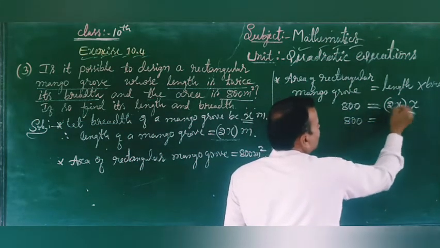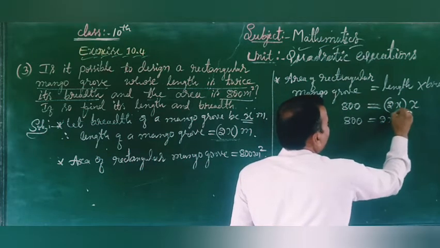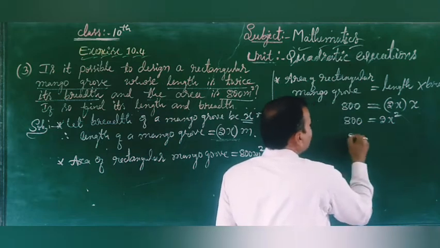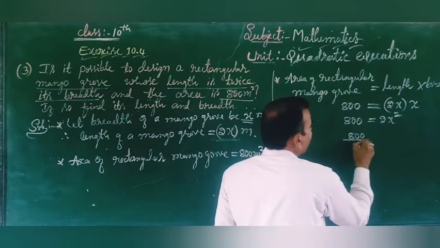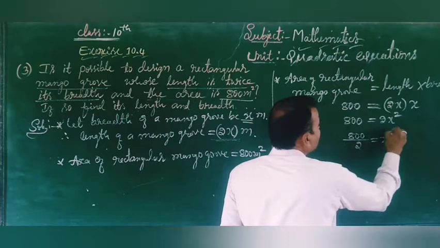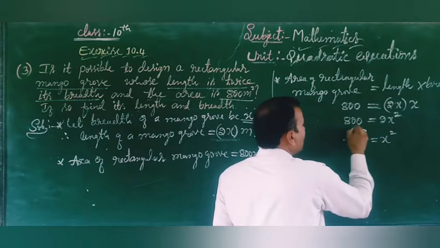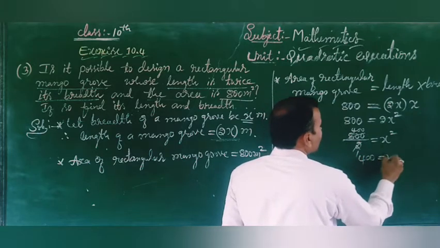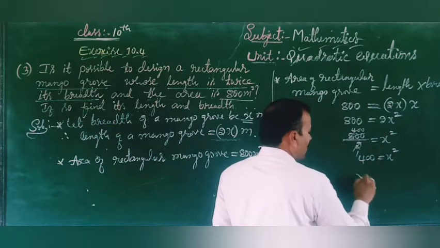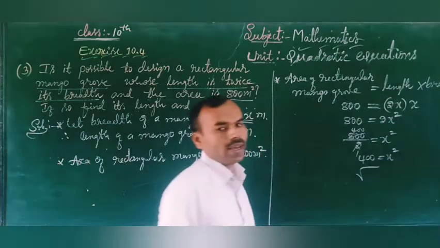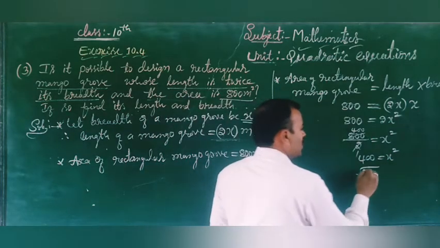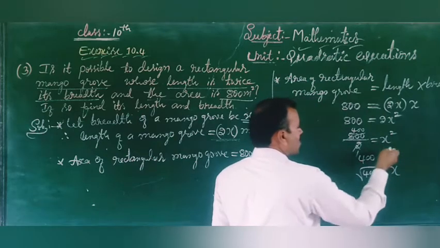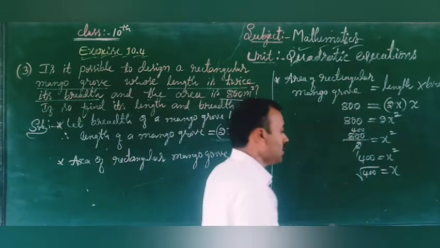800 equals 2x into x, which is 2x squared. Transpose 2 to the LHS: 800 by 2 equals x squared. 2 ones are 2, 400, so 400 equals x squared. If we take the square root on both sides, it is root 400, and here x squared and the square root get cancelled.